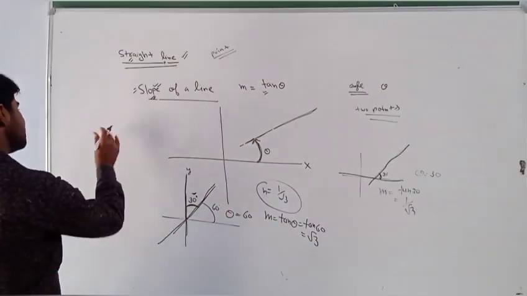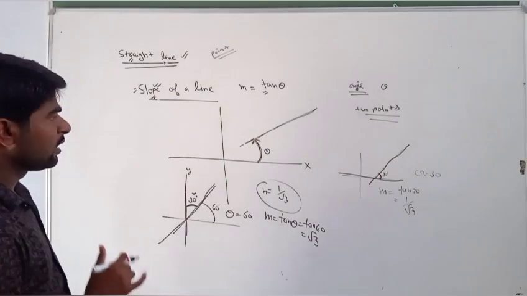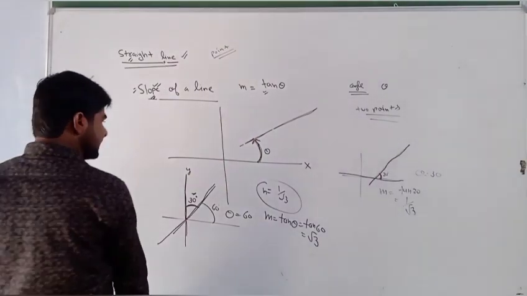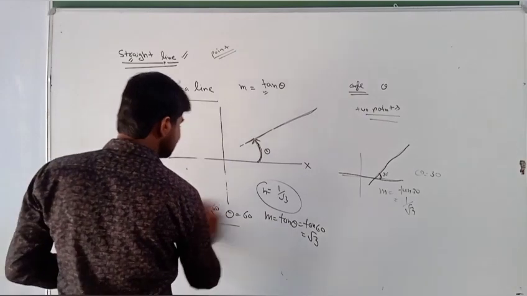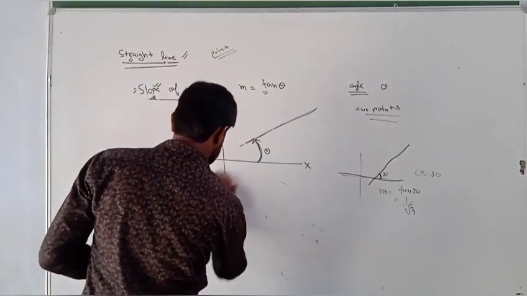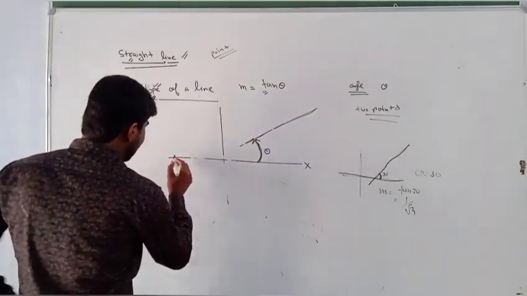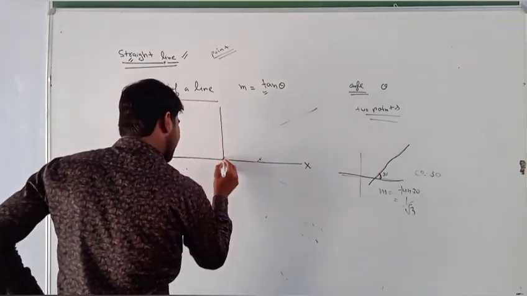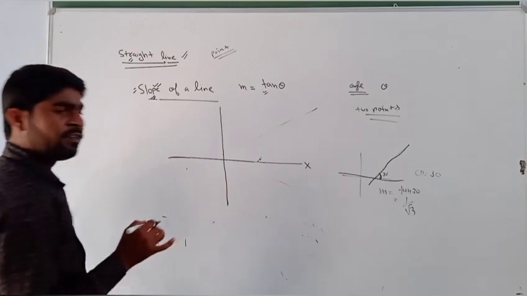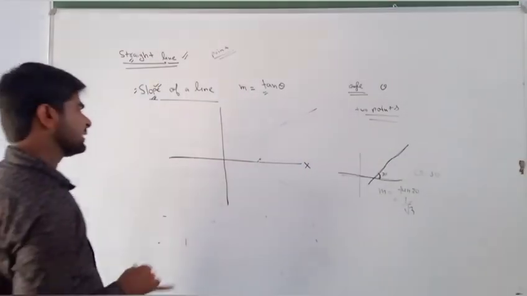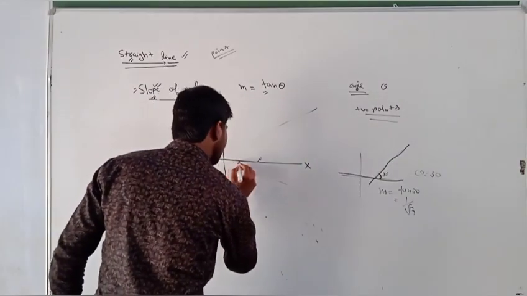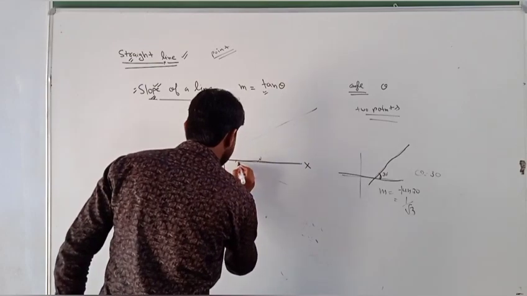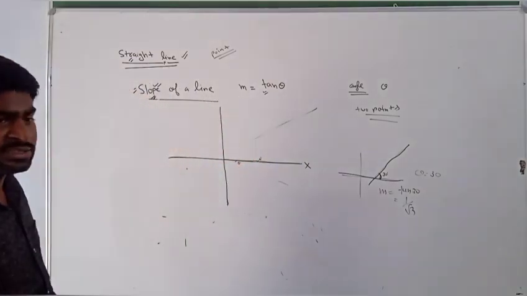Now the question is, what is the slope of the x-axis or the y-axis? Okay, we will discuss it. So this is the x-axis and we want to find out the slope of the x-axis. The x-axis will always make a 0 degree angle with the positive x direction.